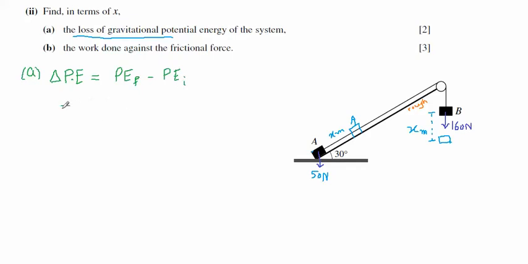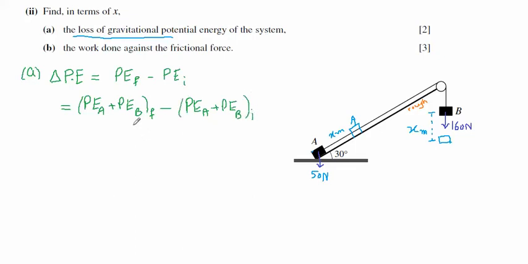In other words, we can say that the final potential energy means potential energy of A plus the potential energy of B final, minus potential energy of A plus potential energy of B initial.